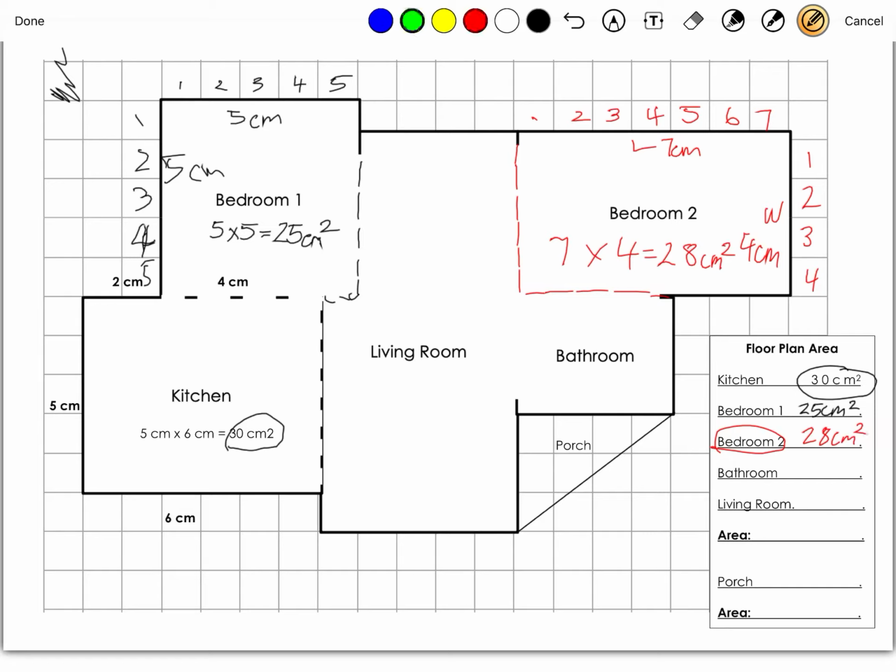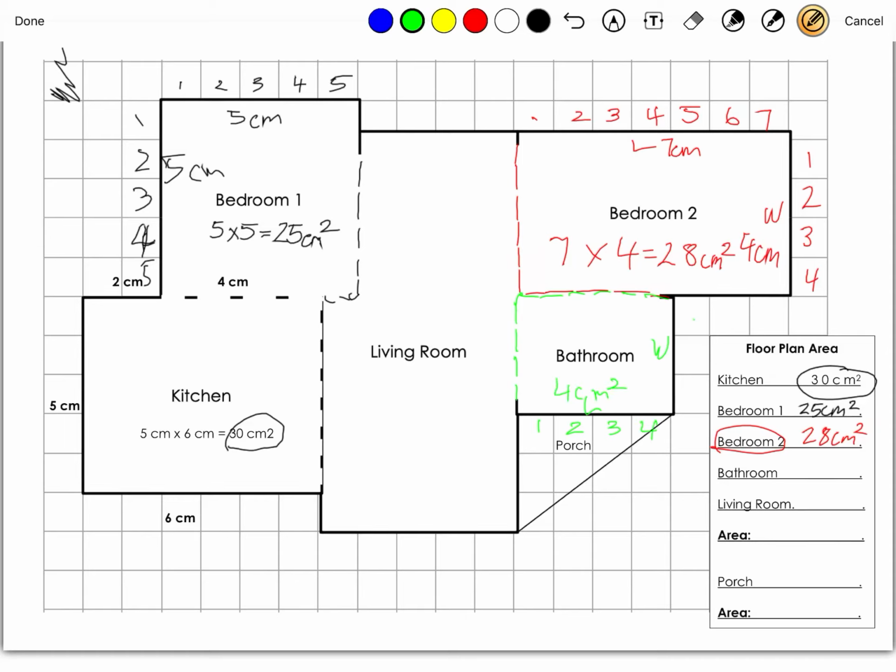All right, now that we've worked out our bedrooms and the kitchen, we can move on to the bathroom. Okay, I'm going to change colour there. Once again, just finishing off the room so I can see what shape I have. We've got to figure out the length and the width again. So let's have a look.